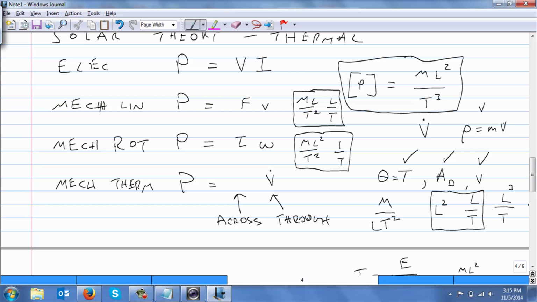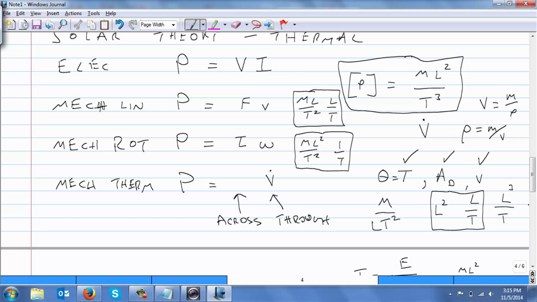Oh gosh, why did I write that? Somebody slow me down here. Mass divided by volume, thank you. Saw Dustin checking his notes, making sure he was in the correct universe. So we'll rewrite that as volume equals mass over density.